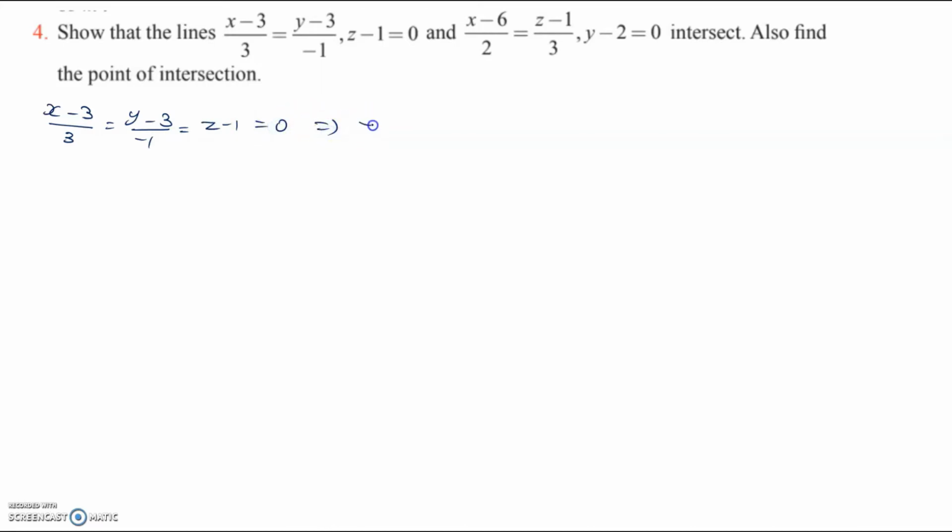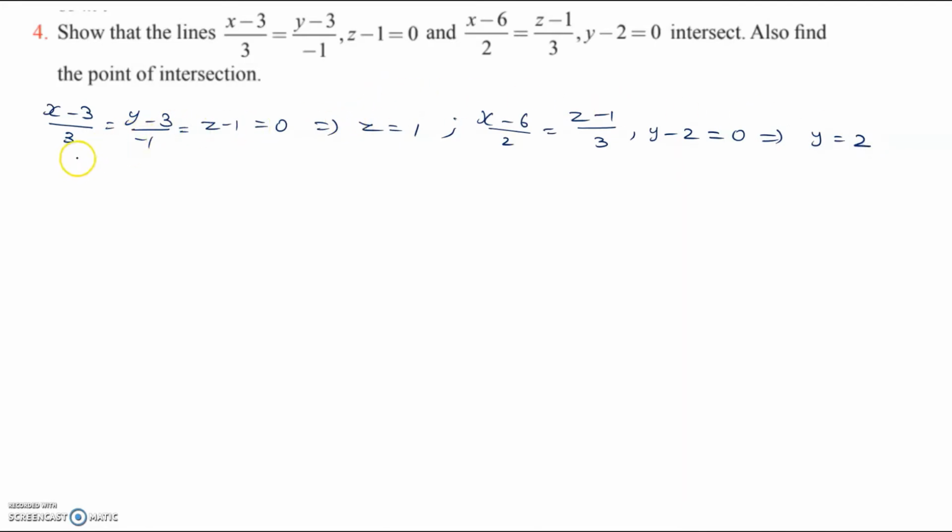This implies that our z is equal to 1. And the second equation, (x minus 6) by 2 is equal to (z minus 1) by 3 and y minus 2 is equal to 0. This implies here that y is equal to 2.